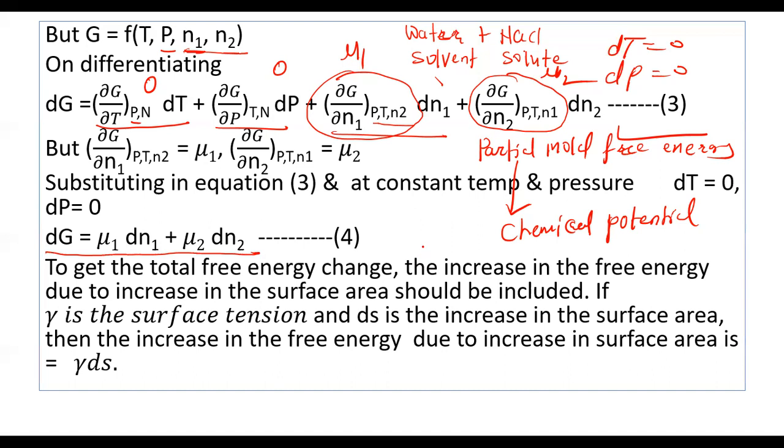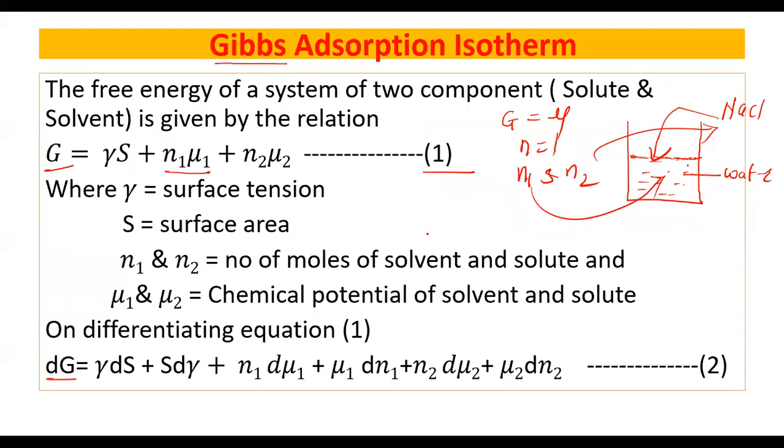When we add the solute into the solvent, the surface area will change, because some solute molecules are present there, and due to that the vapor pressure on the surface also changes. At the same time the surface area changes, as well as the free energy.